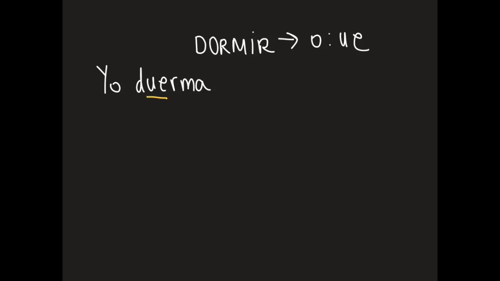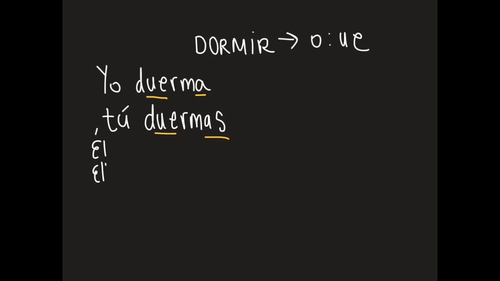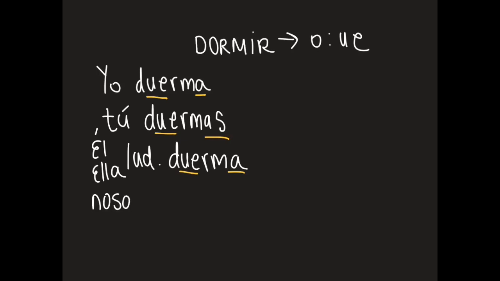So let's take a look at another stem changing ir verb, dormir. It changes from o to ue. So it would be yo duerma, tú duermas, él, ella, usted duerma, nosotros durmamos.